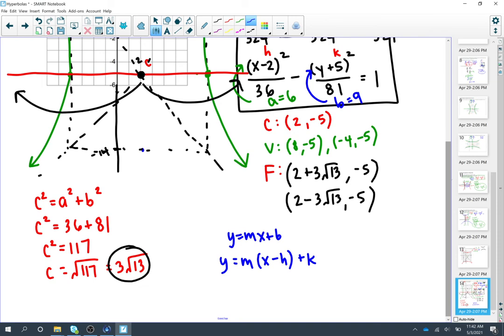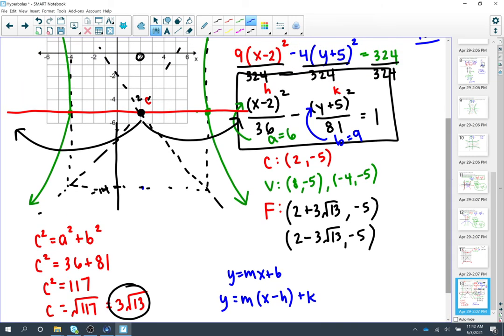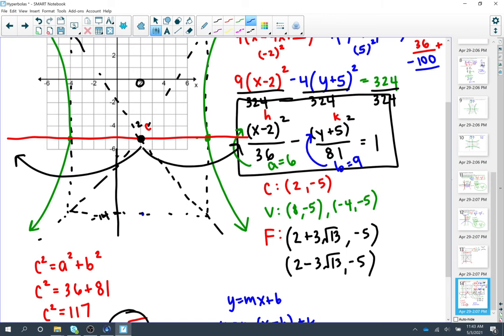The reason we're doing that is because b is your y-intercept. If I'm looking at these asymptotes, well, this first one has a y-intercept up here that it looks like approximately -2. This one looks like it's down here maybe 8, -9, -10. So that's going to be a problem.